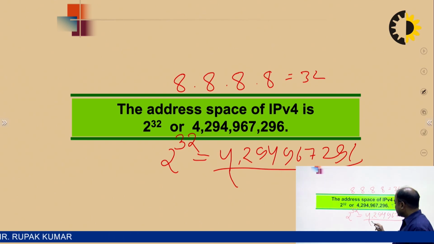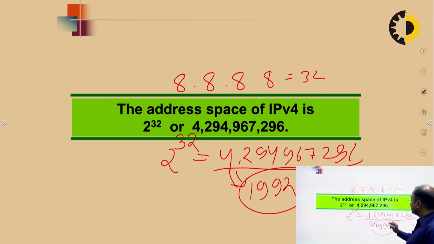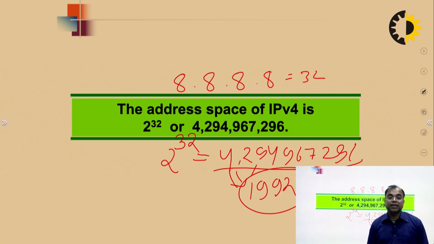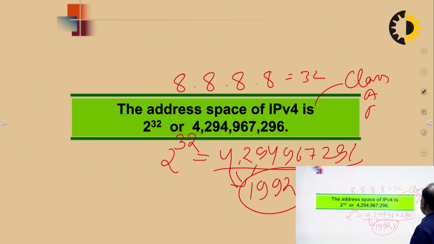But as per your knowledge, it was full around 1992 itself. It means the devices around the world took all these addresses. Then the addresses were divided into classes: A, B, C are in use, D is not in use.